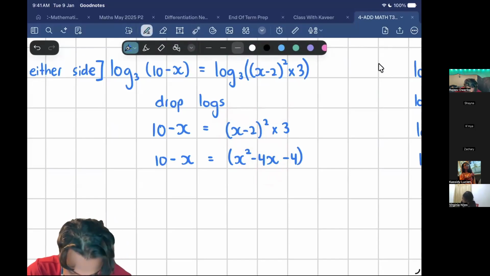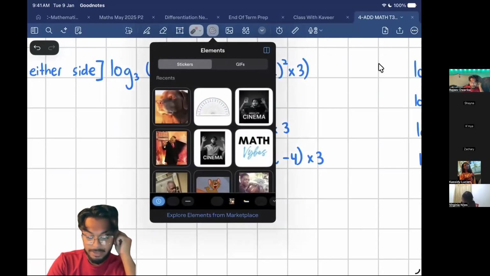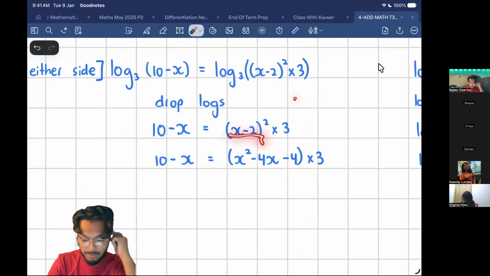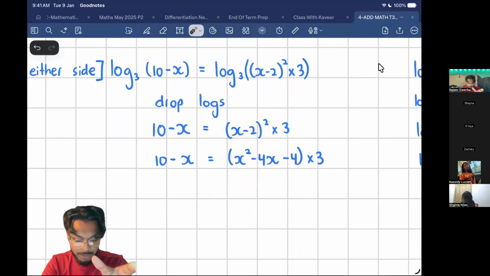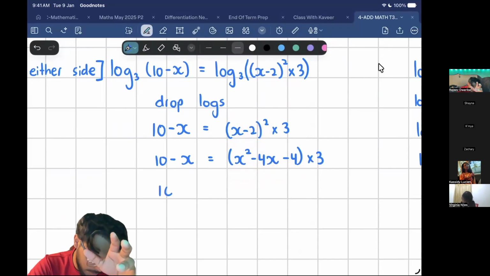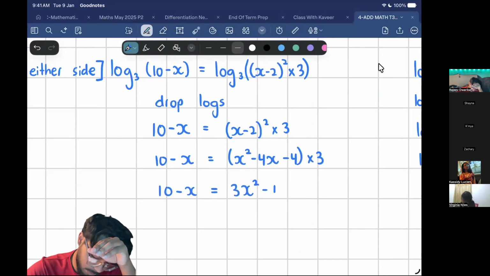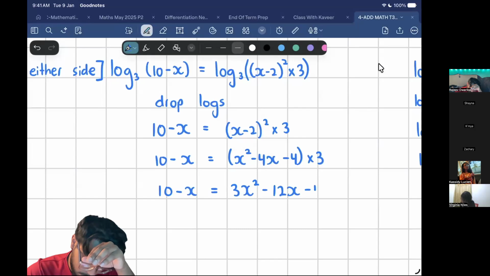And I'm going to multiply all of that by 3. Remember, it's x minus 2 squared, so I square this, then I multiply all of that by 3. So that'll be 3x squared minus 12x minus 12.